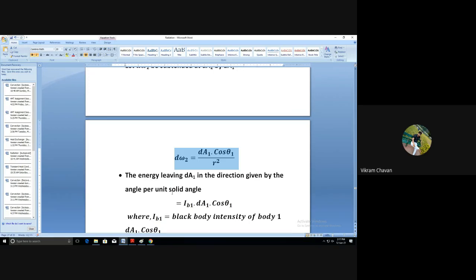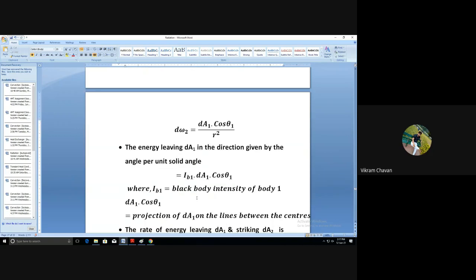Here we are considering that particular energy, which is nothing but Q. So the energy leaving dA1 in the direction given by the angle per unit solid angle is IB1, the intensity of body 1, multiplied by dA1 multiplied by cos theta 1. dA1 cos theta 1 is nothing but the surface area exposed by body 1 on the line joining the two surfaces.